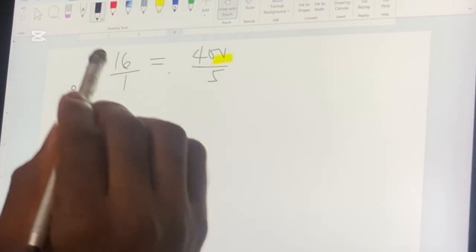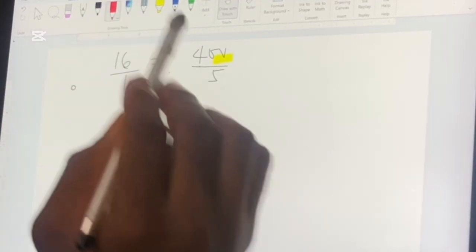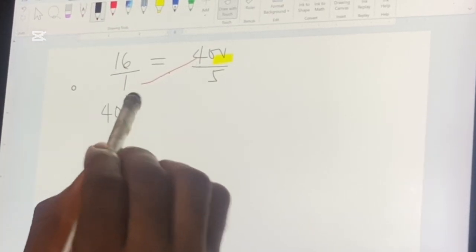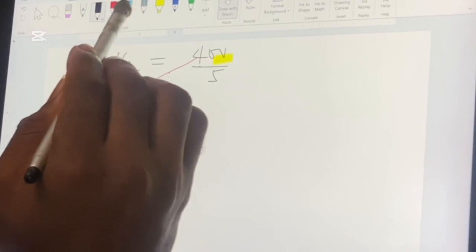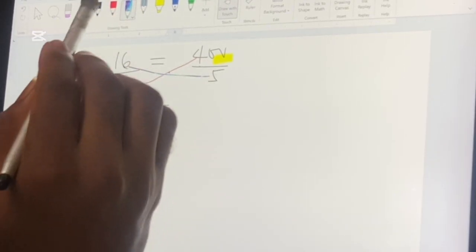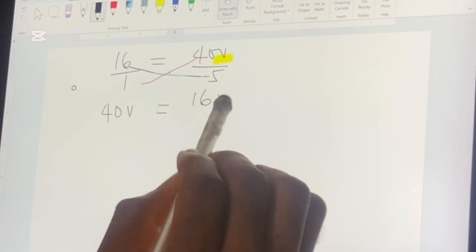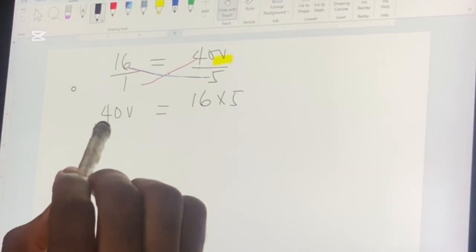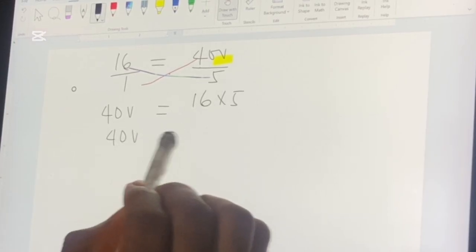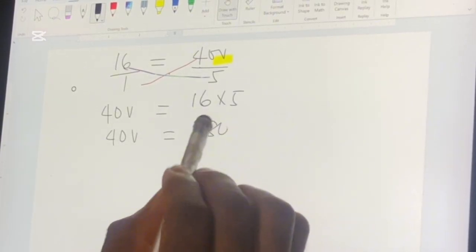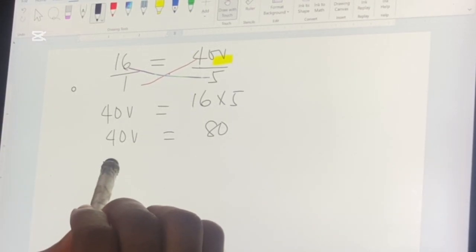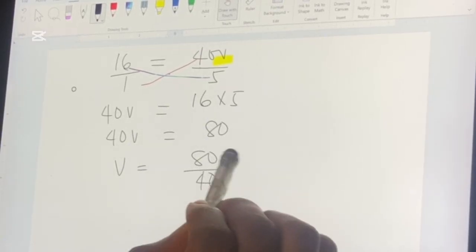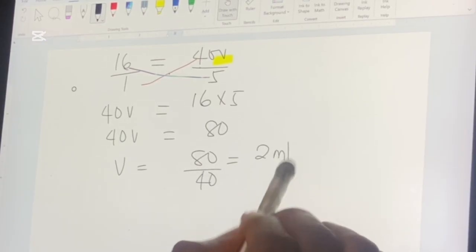So I will have 40v is equal to 16 times 5. Please take note. So class, this will be 40v is equal to 80, since 16 times 5 gives us 80. So our v will be equal to 80 over 40, and my answer is 2 meters per second.